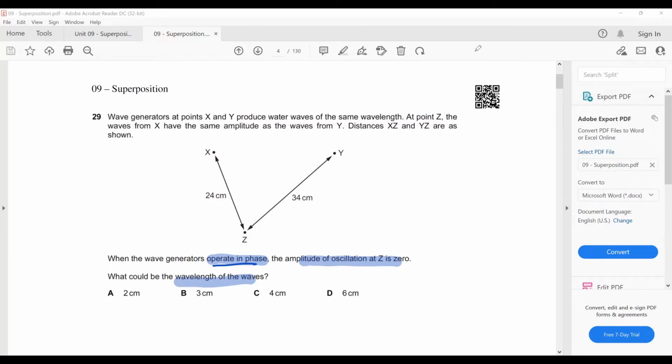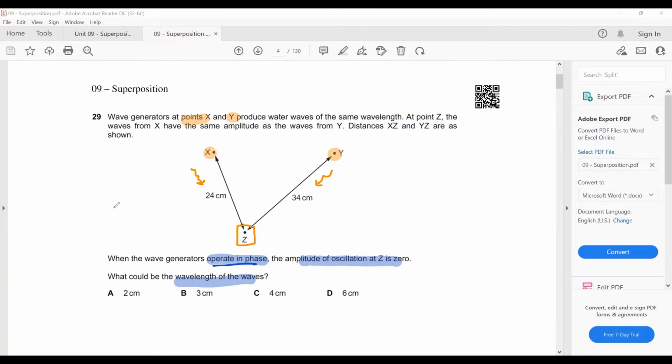So what you're having now is wave generators at point X and Y. This is one wave source. This is one wave source. Both of the waves have the same wavelength and they're traveling towards point Z. Wave from X will go to Z, wave from Y will also go to Z. So eventually they'll meet at Z itself.